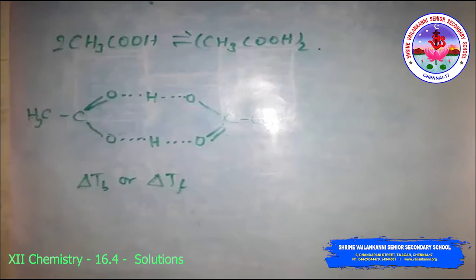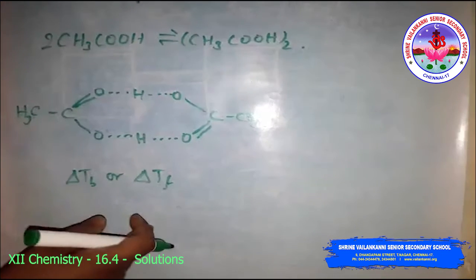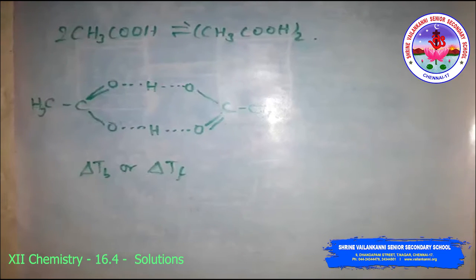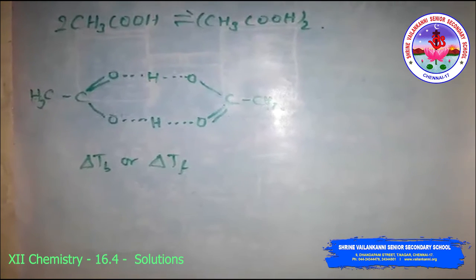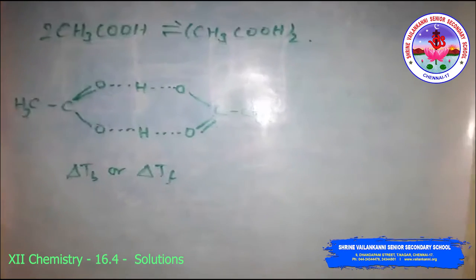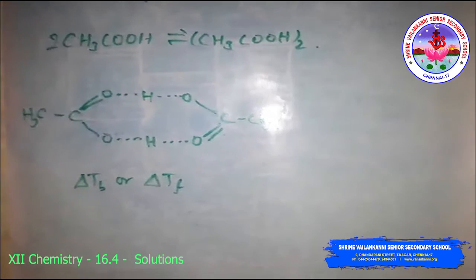So the molar mass calculated on the basis of delta Tb or delta Tf will be twice the expected value. Such a molar mass, either lower or higher than the expected value, is called abnormal molar mass.